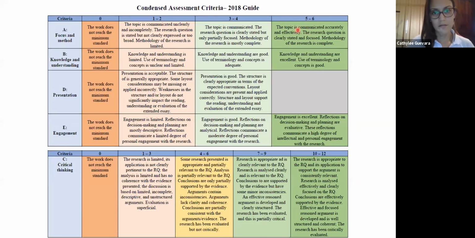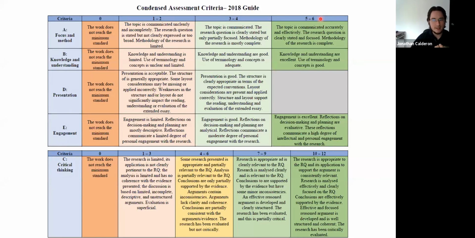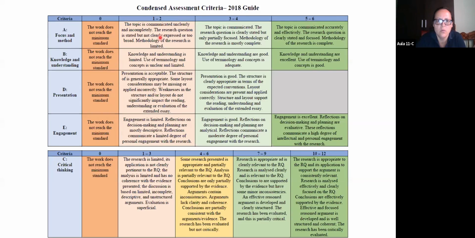If you're indecisive between 3 or 4, go 3. Why? Because if you're indecisive, it means that there's something missing, something that doesn't necessarily convince you 100% that it should be a 6, for example.